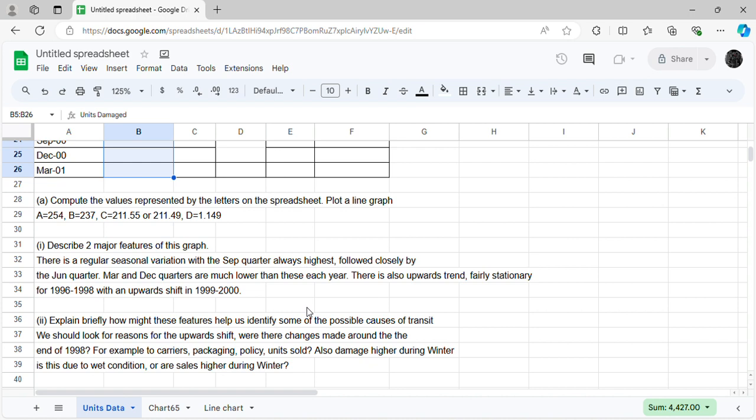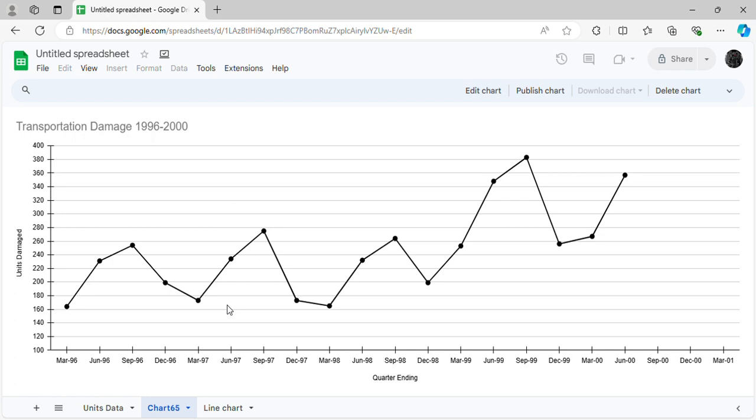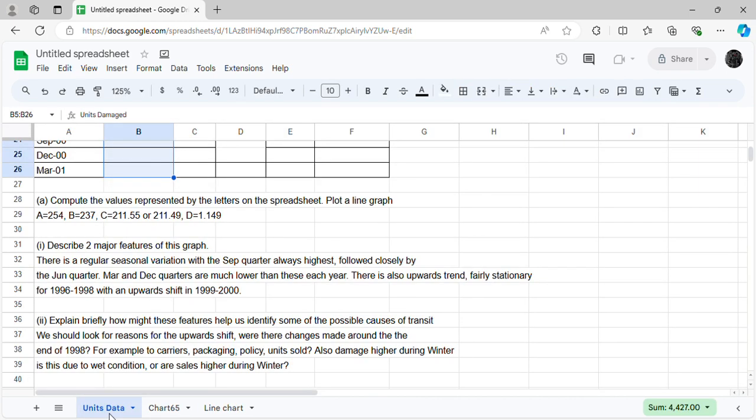So the March and December values are much lower than these each year. There is also an upward trend, fairly stationary for 1996 to 1998. So the trend is fairly stationary from 1996 to 1998, and then it shows an upward trend, with an upward shift in 1999 to 2000.